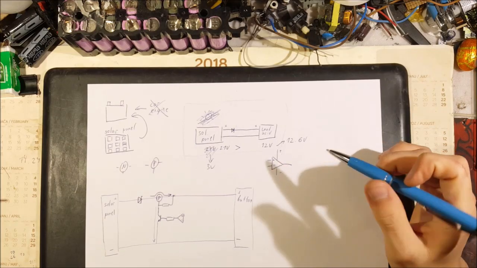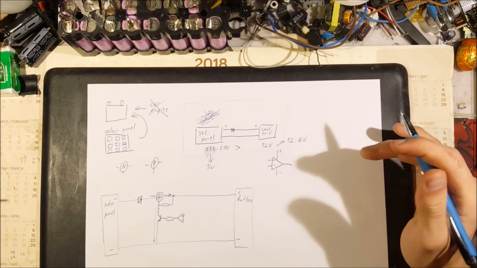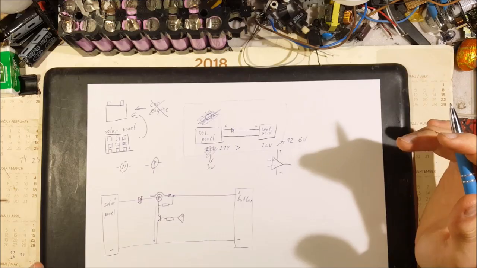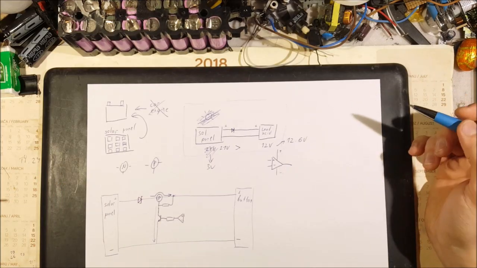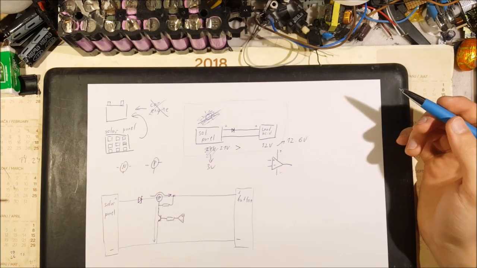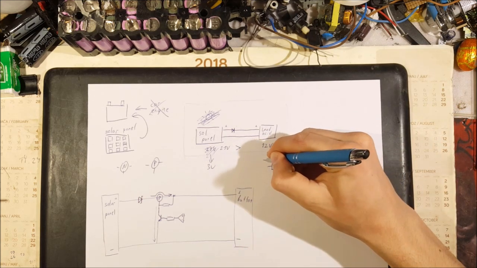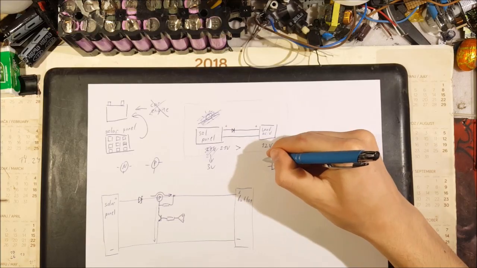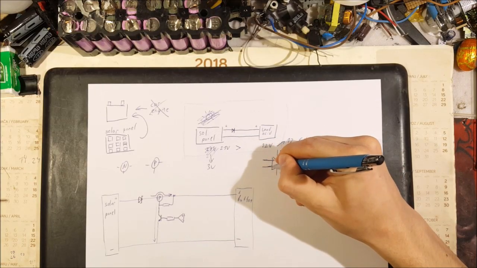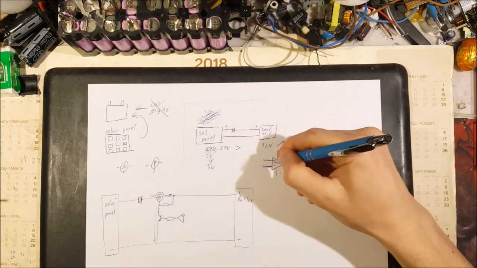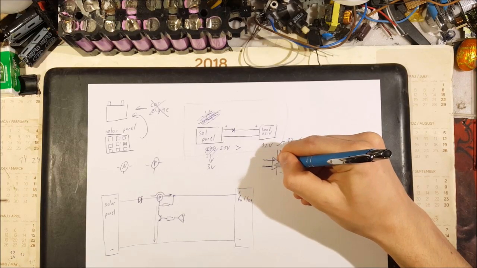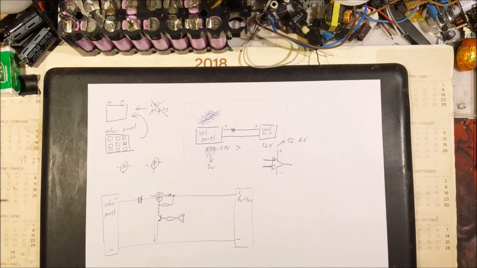When an op-amp is used as a comparator, it's pretty straightforward, I would say. So this is the output and this is the positive input. This is a positive input and this is a negative input. You see, I draw a little plus and a little minus.